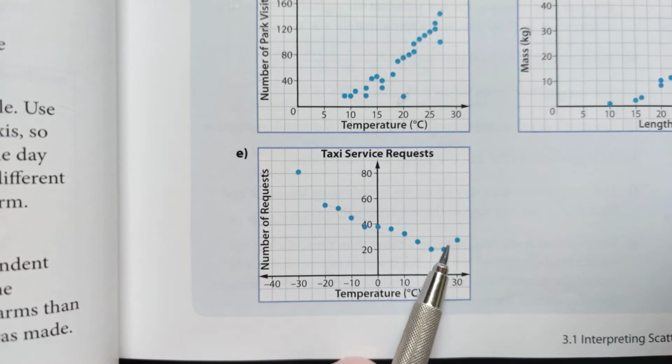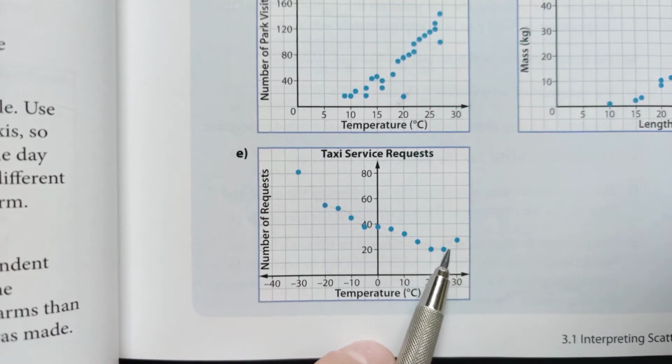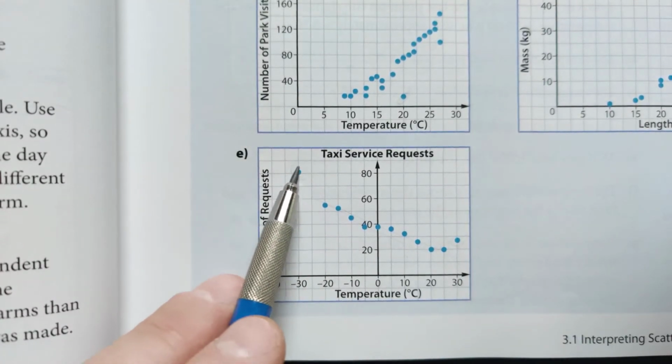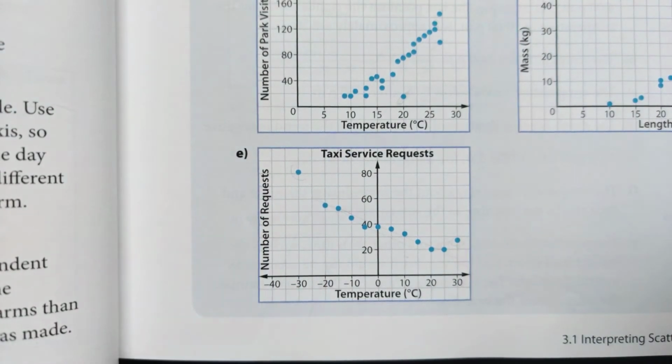This isn't really out of skew. It's a little bit warmer. More people are taking it. Maybe more people just want air conditioning here. In the case of minus 30, we got a crazy number of requests. If it's minus 30 out, maybe people are just not wanting to walk because that's pretty cold. Something like that would be a good descriptor.